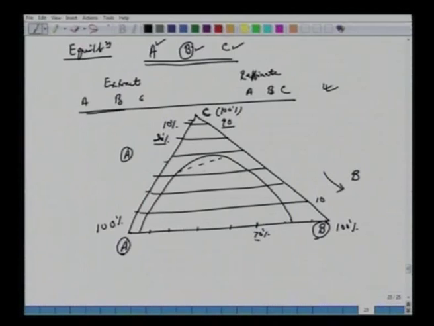So this is your Y versus X. So essentially you also have data Y versus X, which you have marked and which you have connected here. So this is the extract, and this side it's the raffinate.